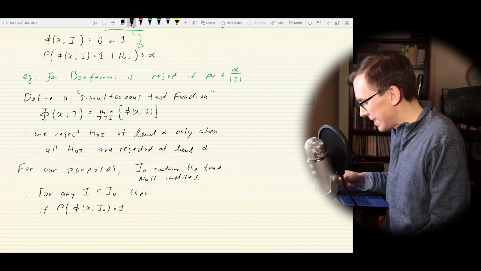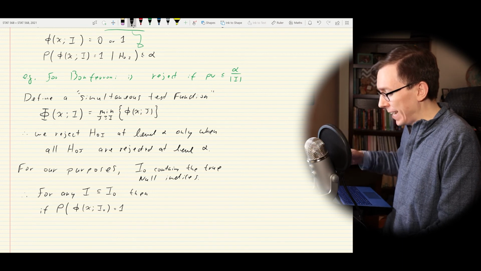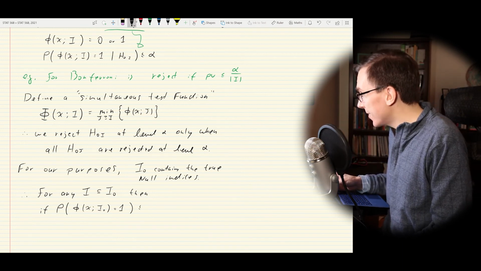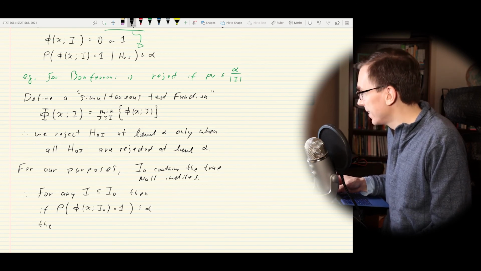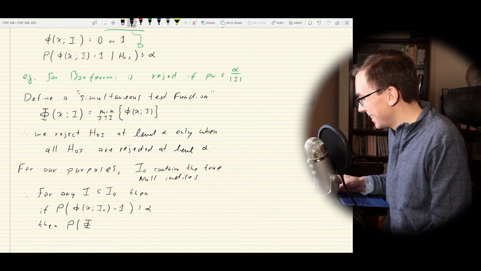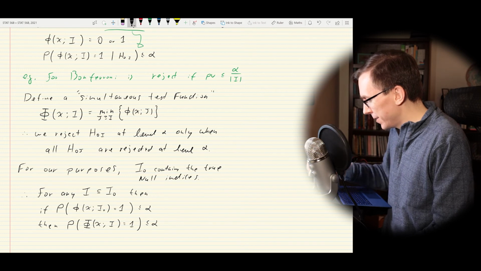The probability that this is equal to 1, which is that we reject the joint hypothesis, which is we make a false rejection, is less than or equal to alpha, then the simultaneous hypothesis, this crazy capital phi of x, I, is equal to 1 is less than or equal to alpha.